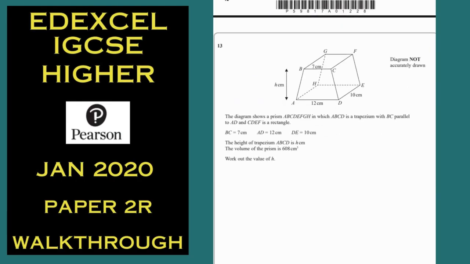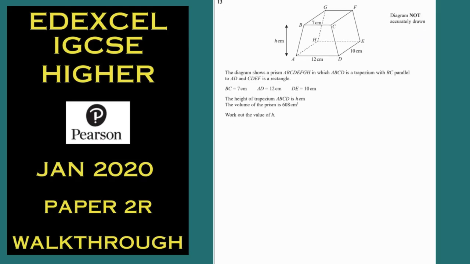Number 13, they've given you loads of room for this. I don't get it. It says prism. So the formula for the volume of a prism is area of the face multiplied by its third dimension, in this case 10. So we can make the statement that the volume of 608 is equal to the average of the parallel sides.